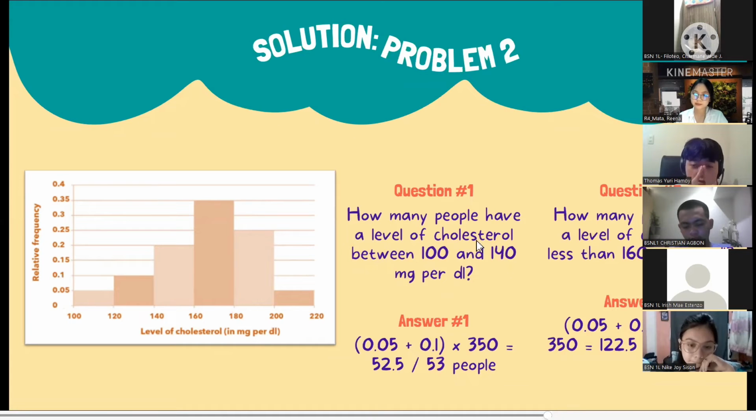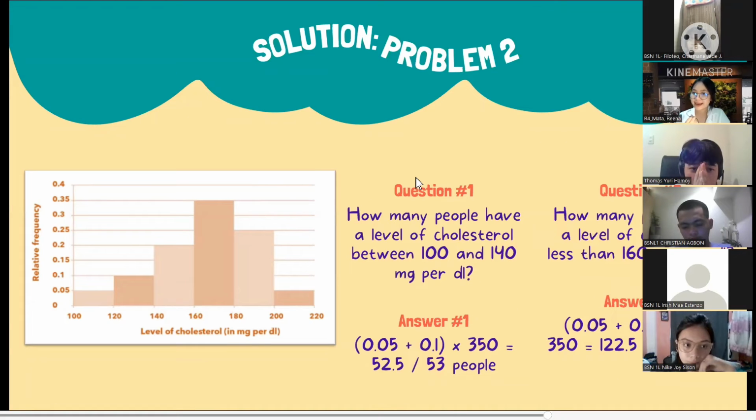We need to add those two and multiply by 350 because there are a total of 350 people. So we came up with the answer: in question number 1, problem number 2, the people who have a level of cholesterol between 100 and 140 milligrams per deciliter are 52.5 or 53 people.